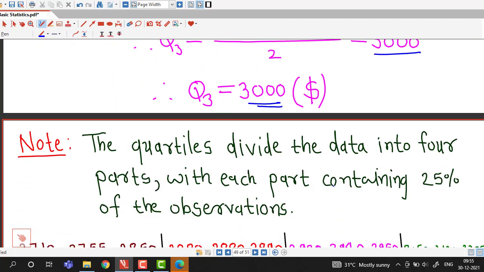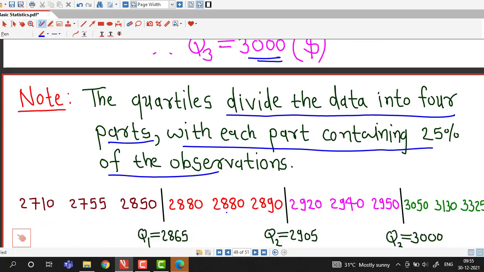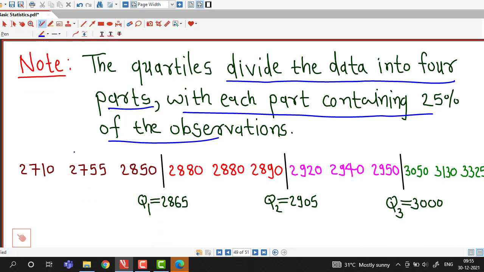We make some remarks here. The quartiles divide the data into 4 parts, with each part containing 25% of the observations. So here we have shown these quartiles which we have obtained. We have obtained that Q1 is 2865, Q2 is 2905, Q3 is 3000.